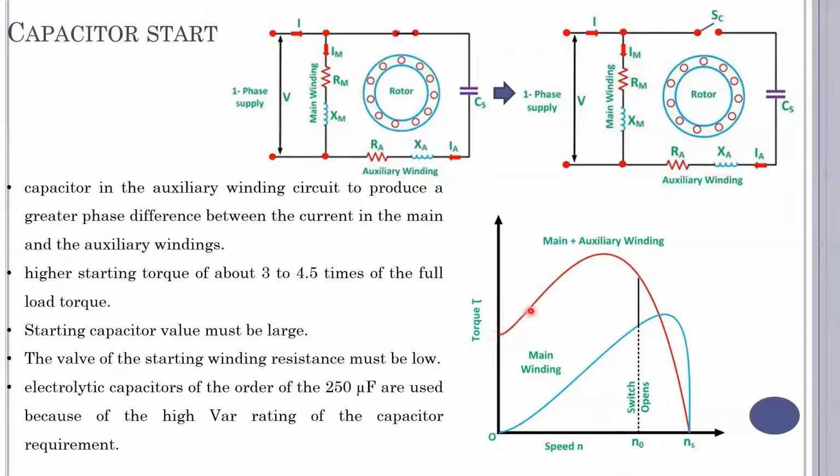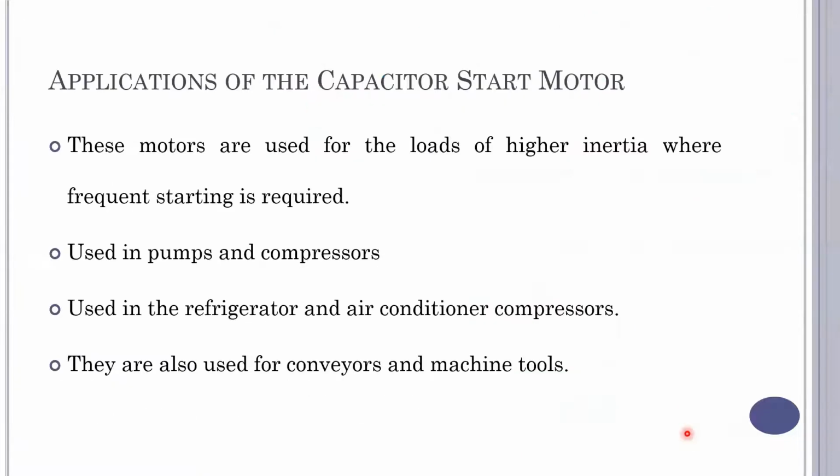So we have a greater torque when compared to that of a split phase induction motor, and when the centrifugal switch opens, we shift back to the characteristic where we have the main winding alone. And these are certain applications of a capacitor start motor.